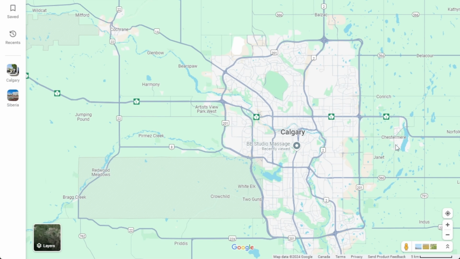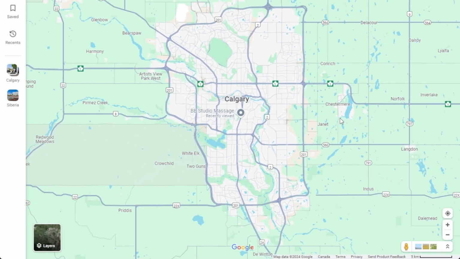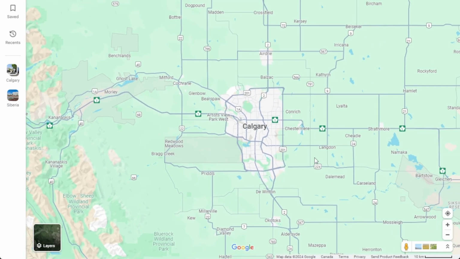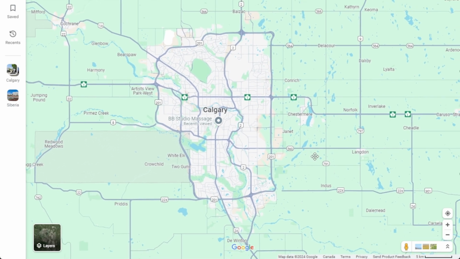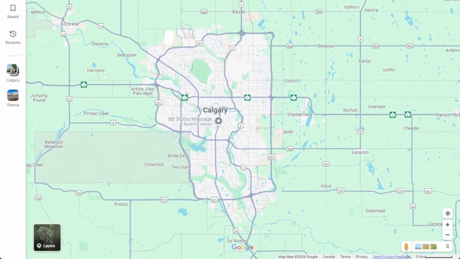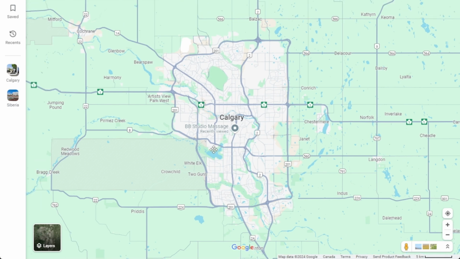For anyone who doesn't know what or where Calgary is, it's a city of about 1.25 million, probably closer to 1.5 million, maybe a little more in population. It's a fairly large geographic footprint. You can see there's 5 kilometers right here.